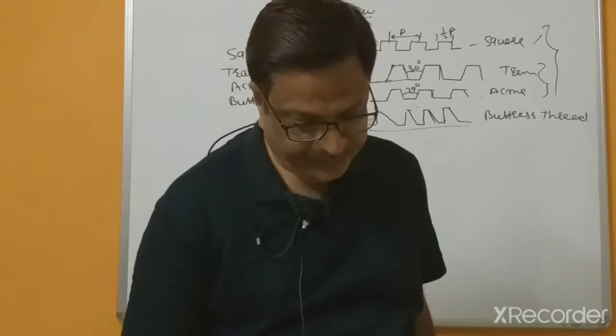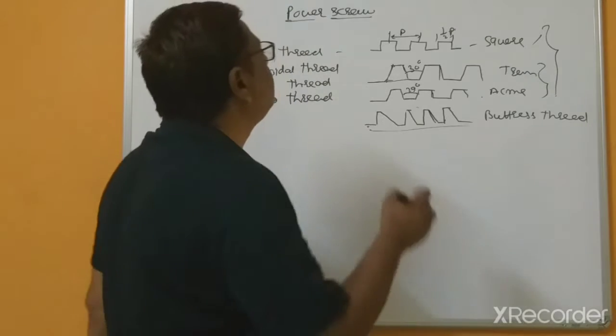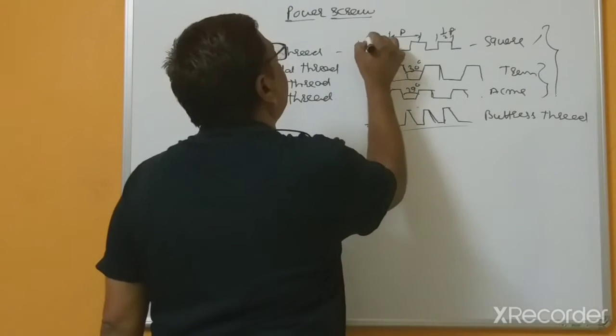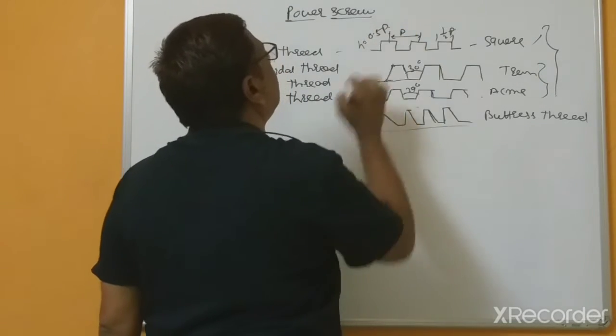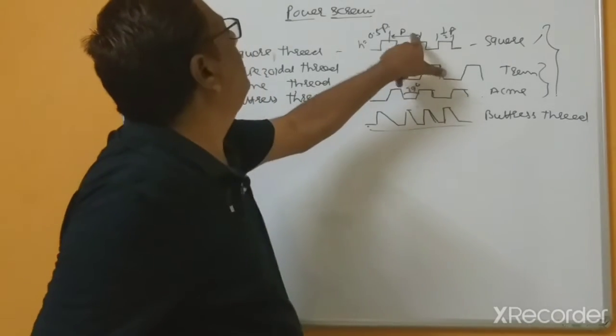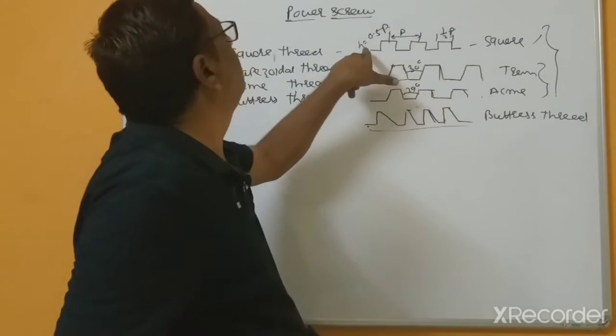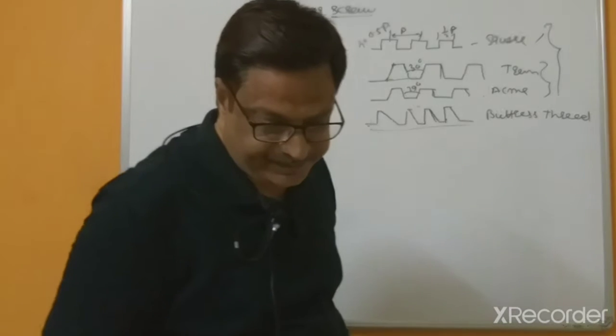And this height H is equal to 0.5 P, because this is square. So the pitch is half, similar to here.